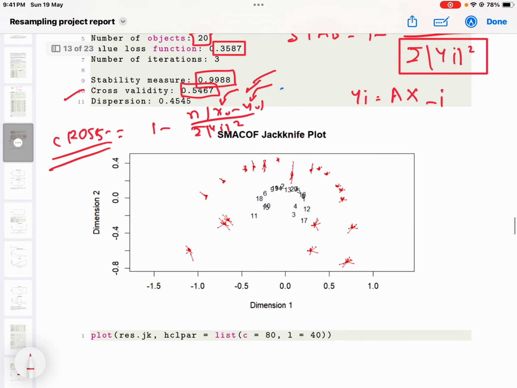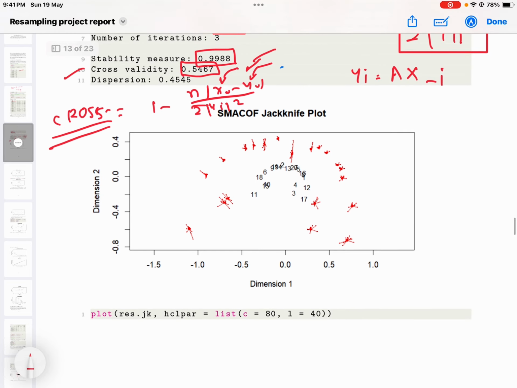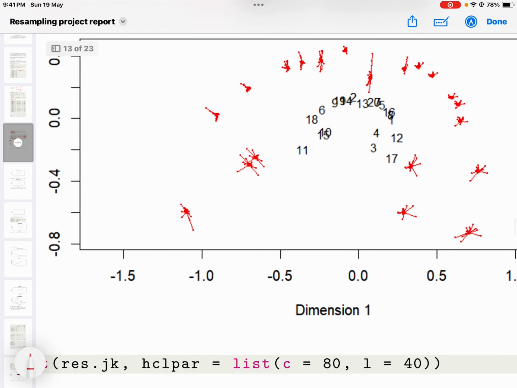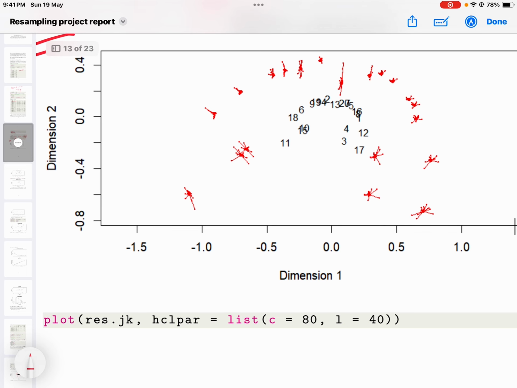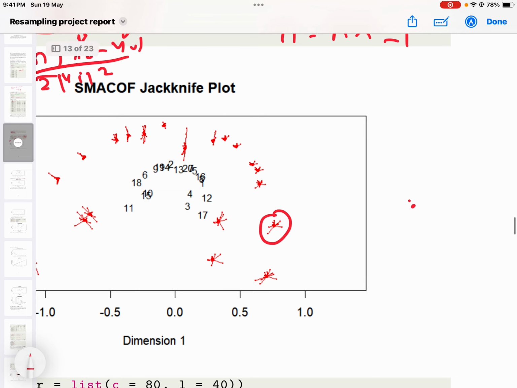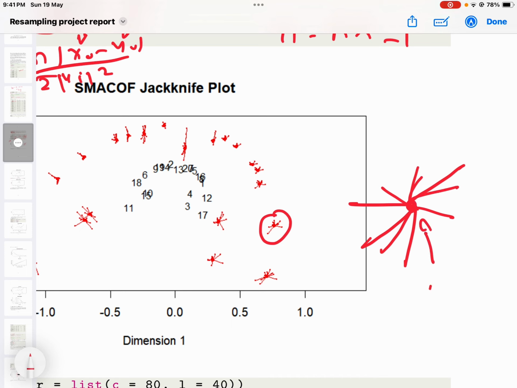Then we calculated some plots. This is the jackknife plot. This is the fluctuation of every point for every iteration. So let me just describe one of the points. This looks like a star. In the center lies the ith point, let me say this is the xi point.